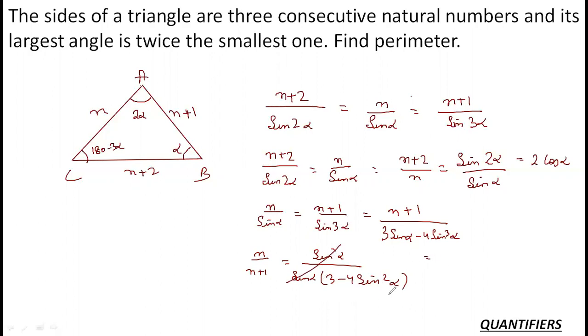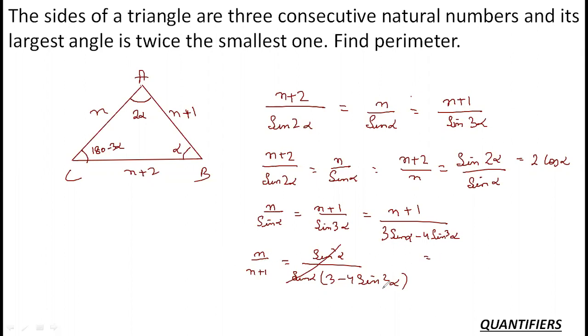Now this is for sine square alpha, and I know the value of cos alpha from here, right? So can I use it? I know that sine square theta plus cos square theta is equal to 1.